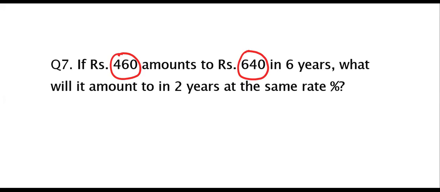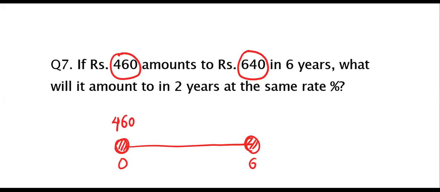Or maybe suppose you plan to deposit for 6 years, and you expect to get 640 after 6 years. This way you can think how much you will get if you withdraw money after 2 years here.